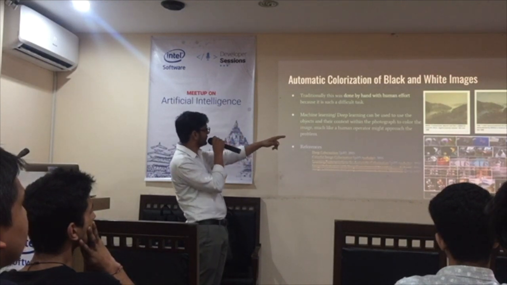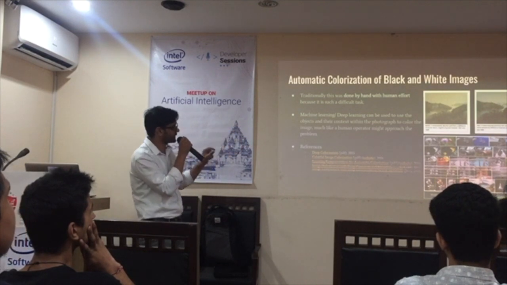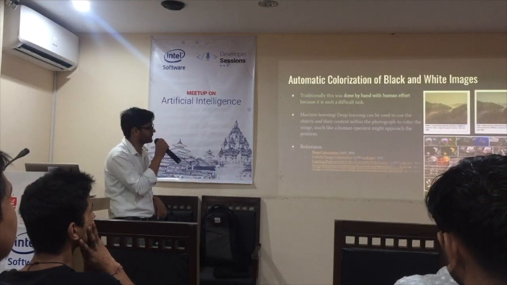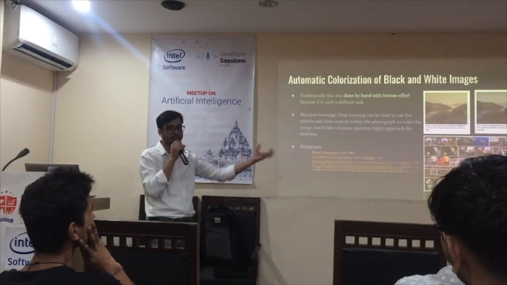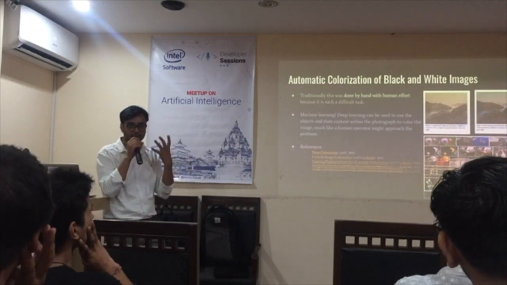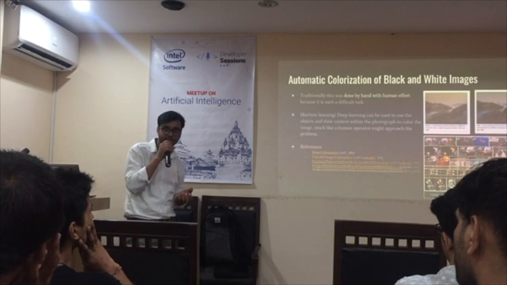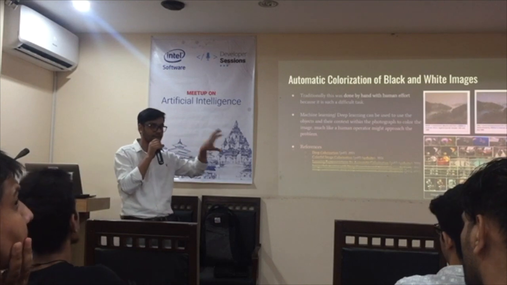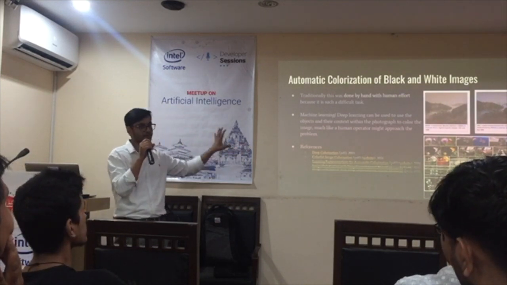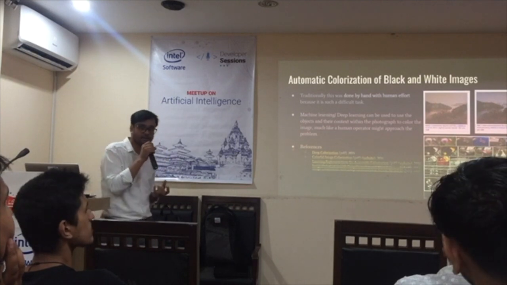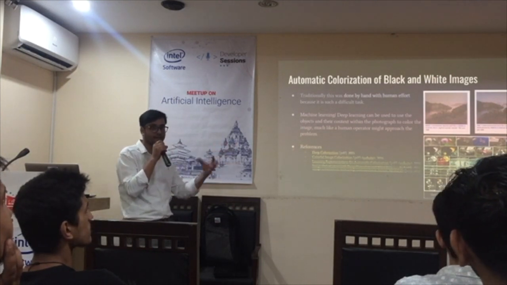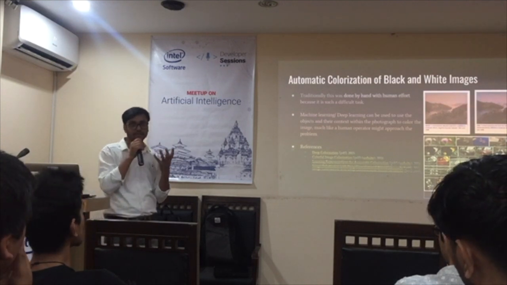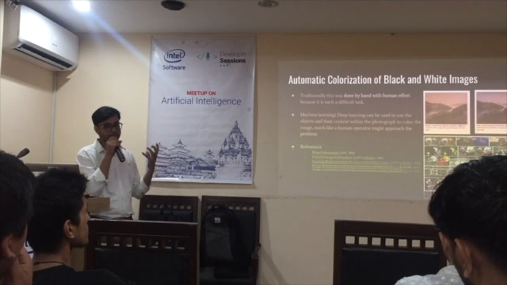Deep learning can be used to use the objects and their context within the photograph to color the image, much like a human operator might approach this problem. Actually, how is this done? There is one ImageNet organization. They have collected lots of images from over the world, and a deep learning convolutional neural network is trained on them, like AlexNet or GoogleNet, deep layered neural networks trained on that data, and they learn the representation, they learn the colors, they learn the information from that data.